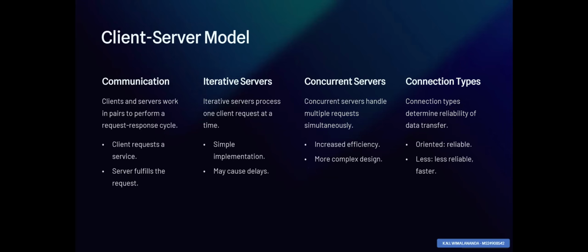So then, the client-server model. Most network applications follow the client-server model where programs running on different hosts communicate with each other. The server process provides services while client processes request them. Servers can be either iterative, handling one client at a time, or concurrent, managing multiple clients simultaneously.